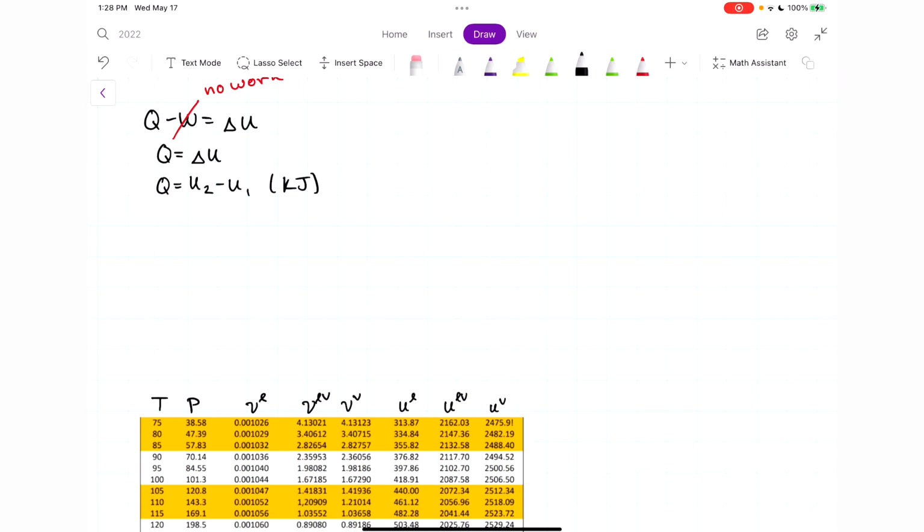Alrighty. Another form of this equation that we're actually going to use more often is Q is equal to the mass times U2 minus U1. But these U2 and U1 are specific internal energies.